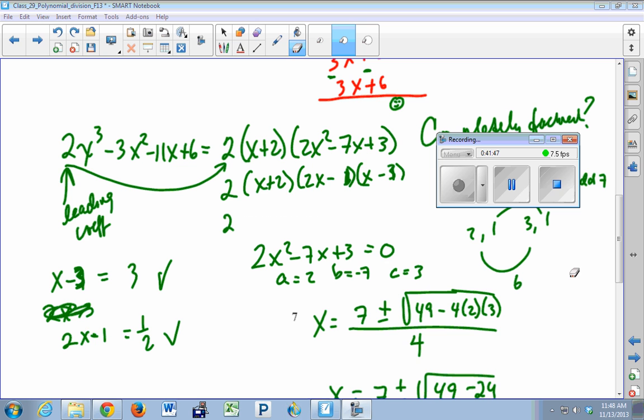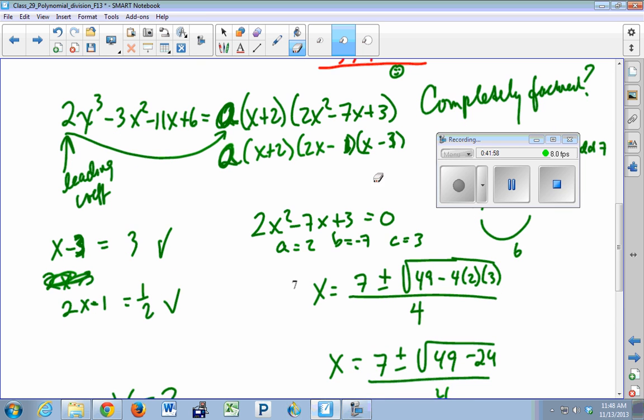Okay. All right. So coming back to this, I would have put an a here and an a here. And when I found my zeros, I got 3 and 1/2. So I would have written this: x minus 1/2 and x minus 3. Okay.